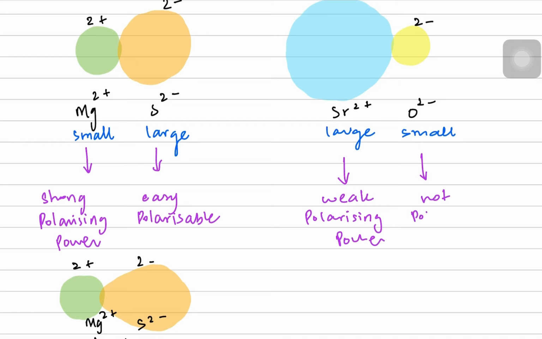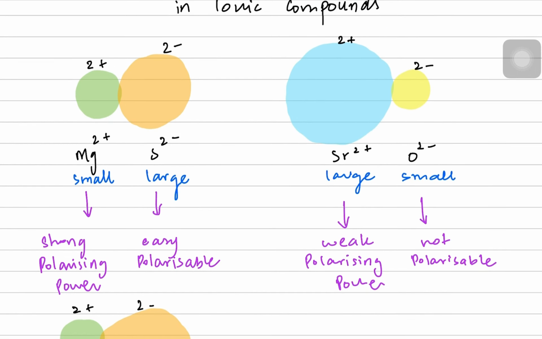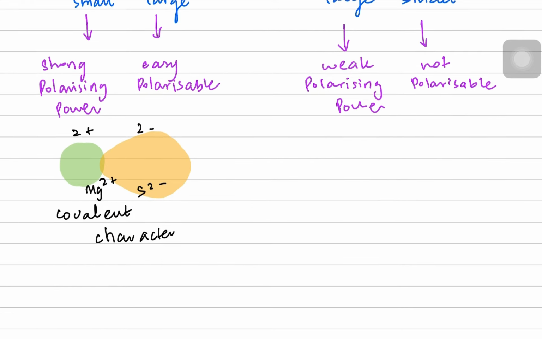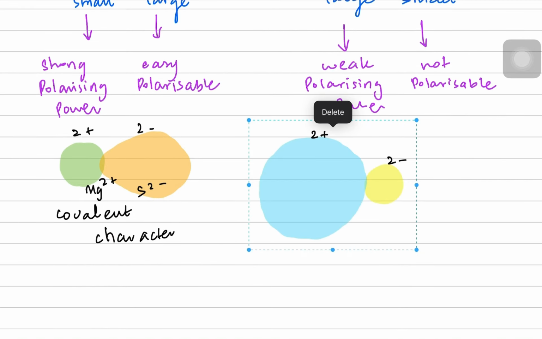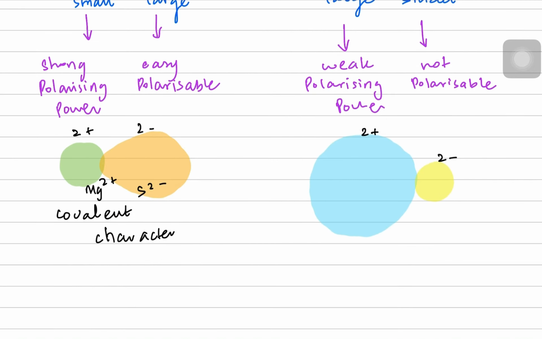They can't be polarized. So it remains exactly the same way. Let me just copy and paste it. It remains the same way. As a result, you can say no covalent character. Here you have no covalent character.